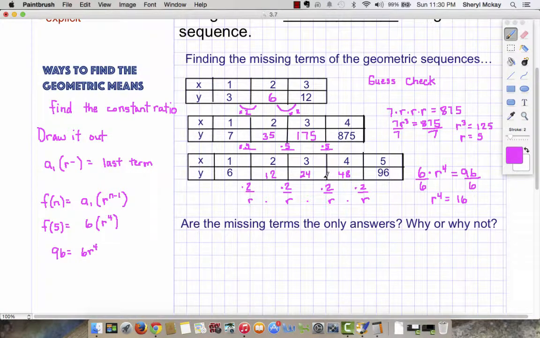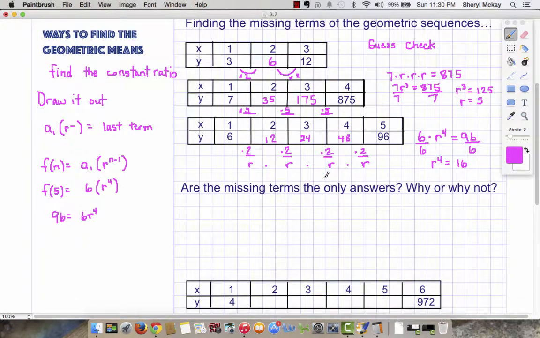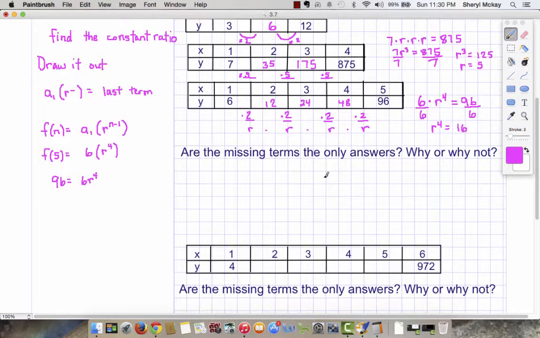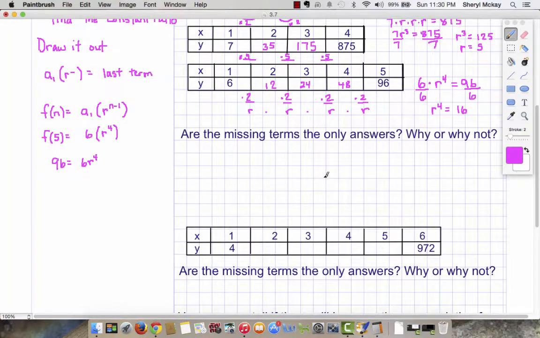Okay? So the only thing really that's different about geometric sequences than arithmetic sequences, of course, the obvious, is that we're dealing with multiplying ratios by themselves instead of adding them. We are multiplying, so we're going to end up with these exponents. But the other thing is, my question is, are the missing terms the only answers?